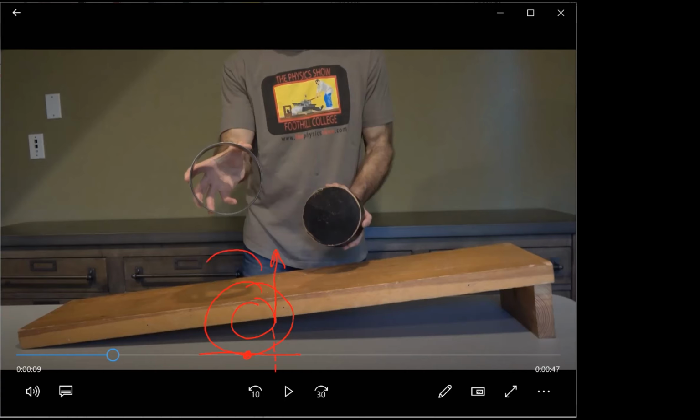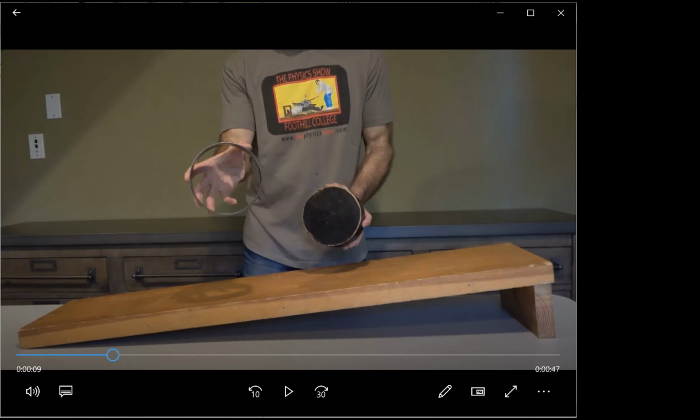So you get torque this way, and it'll roll counterclockwise. Good. Just extend the line of force. Look at the pivot point, the axis of rotation, and see where the torque is.